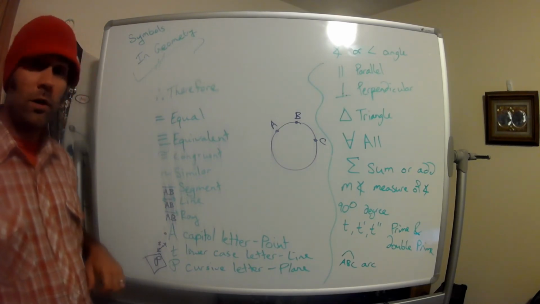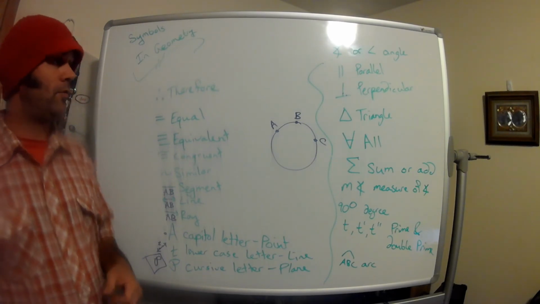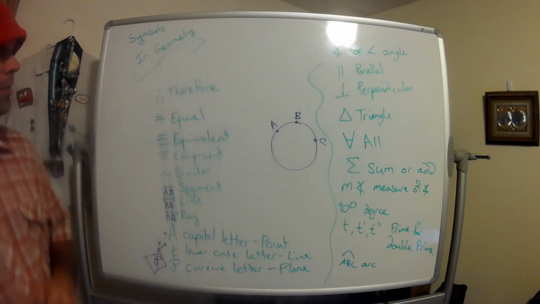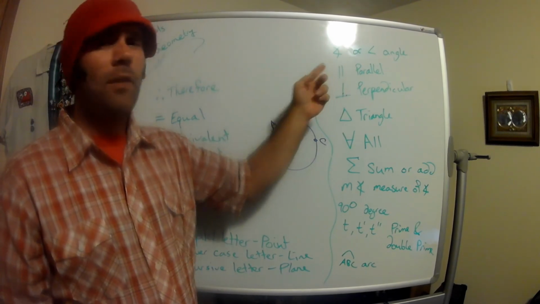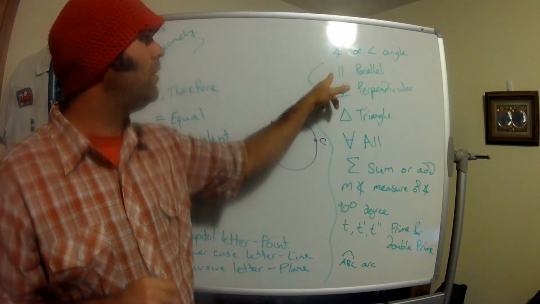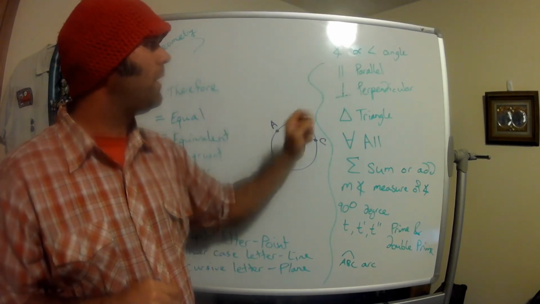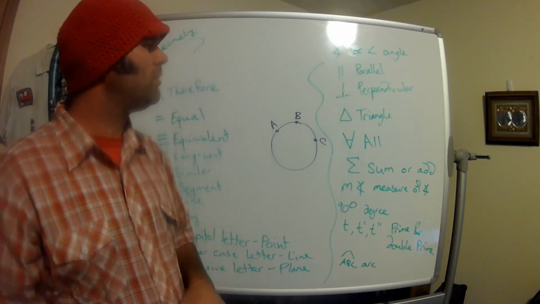A line is a lowercase letter. And a plane is cursive letters or script letters. We've got angles here. Parallel to line, two lowercase L's right next to each other just means parallel. An upside down capital T means perpendicular.